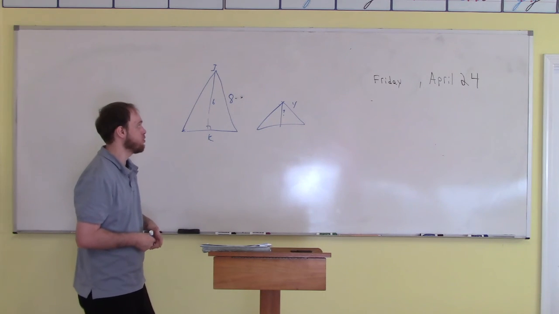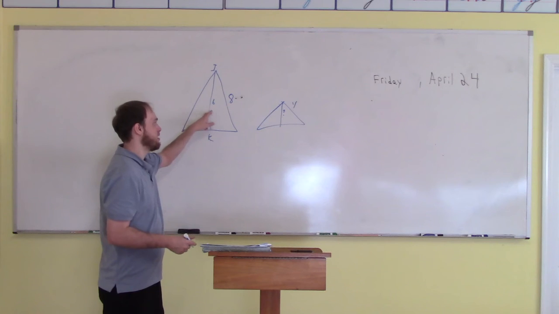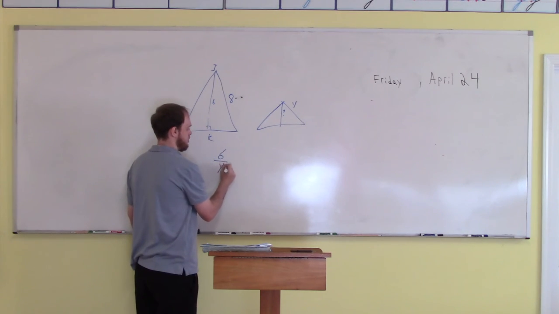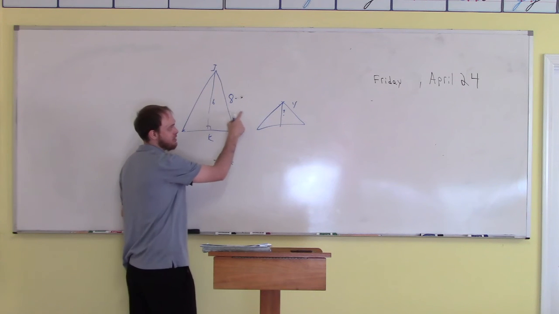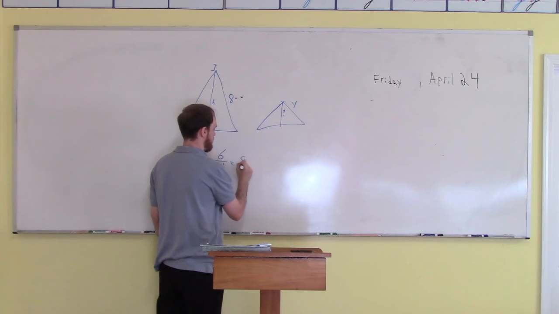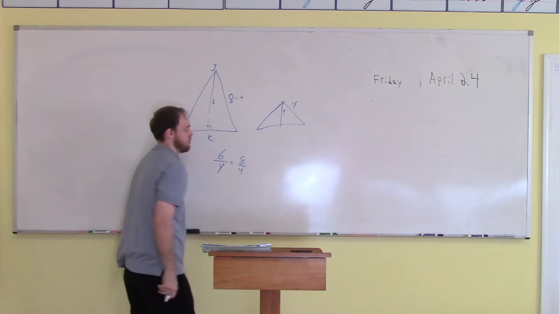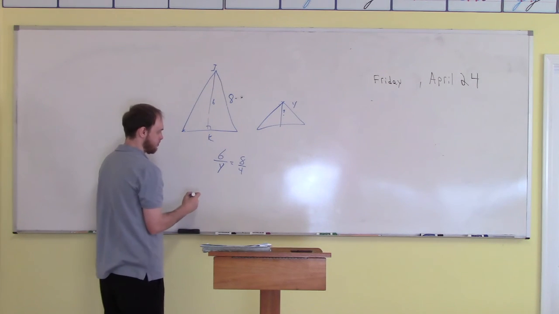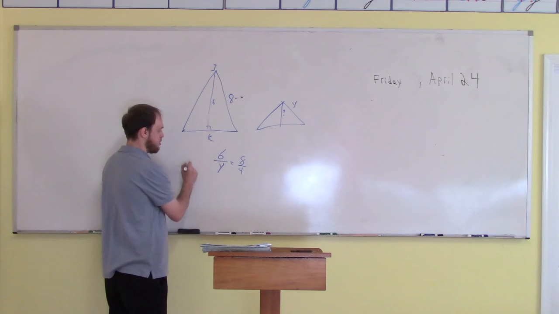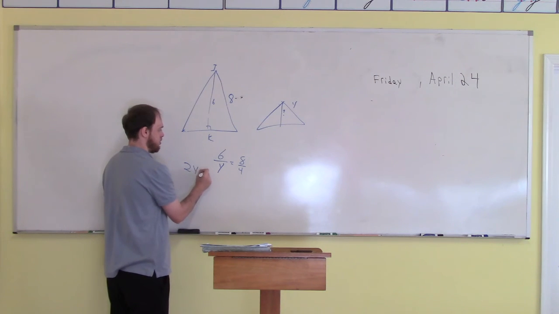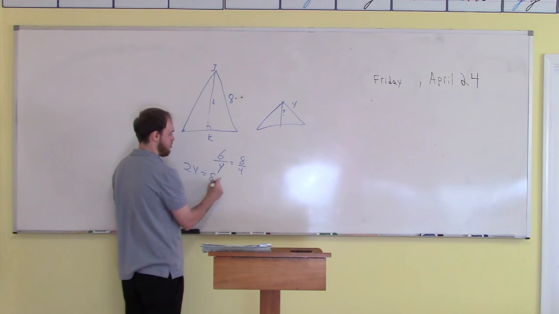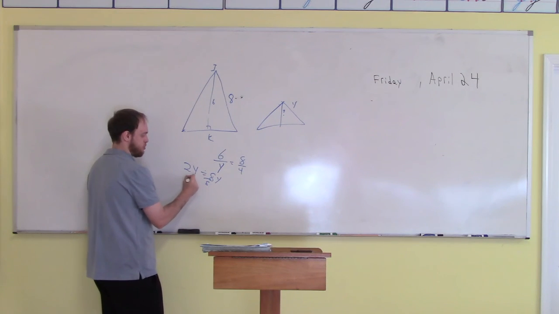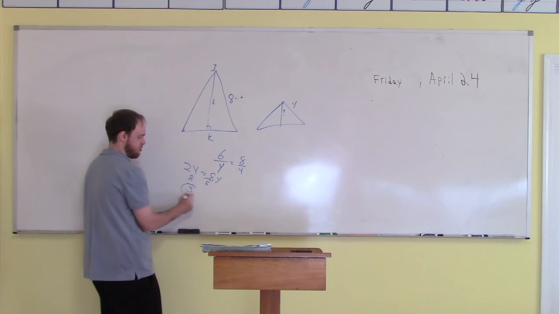And so to do this, really, you can set the 6 over the, I don't know, equal to the 8 over the 4. Cross multiply, basically. 6 times 4 is 24. So equals 8 times y, which is 8y. Divide 24 by 8 gives you 3. So your answer would be 3.